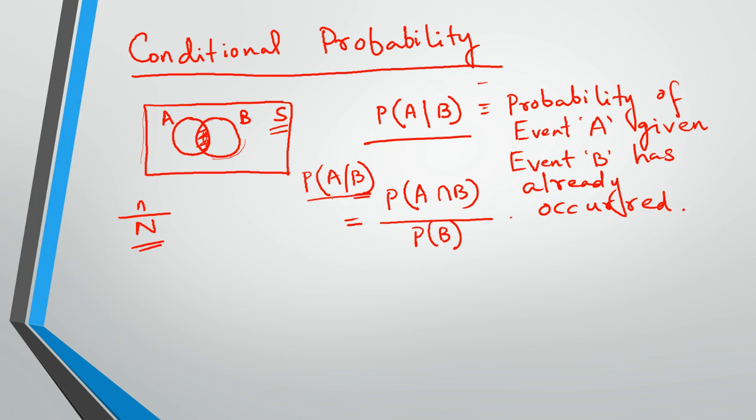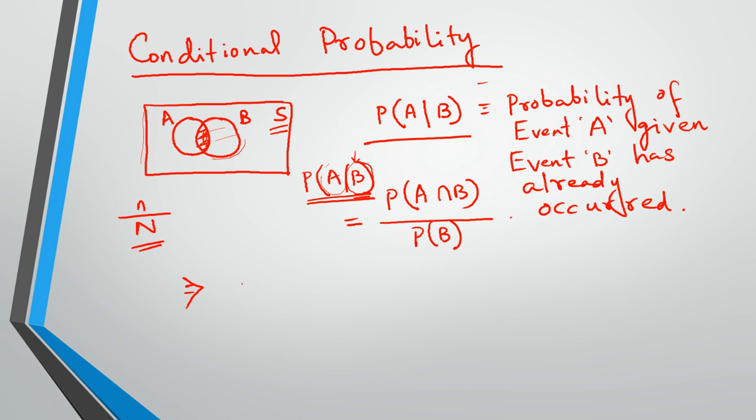When we know that event B has already occurred, what will be the probability of A? Then we know B has occurred, so this entire thing has been done and this is our sample space now. From there, the probability of A is the intersection part, P A intersection B divided by P B. I hope it is clear now.